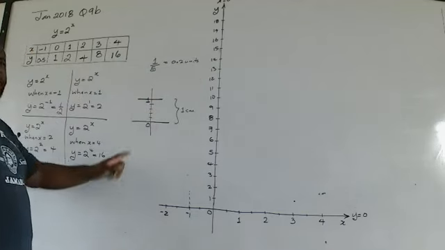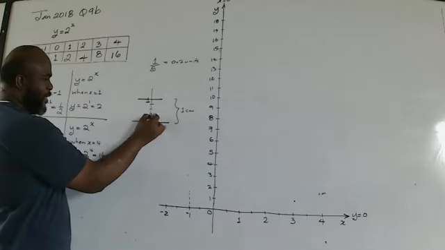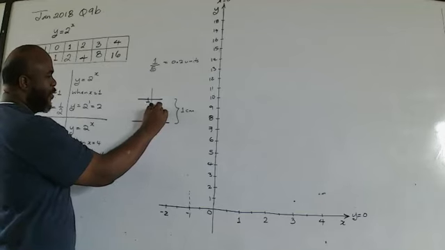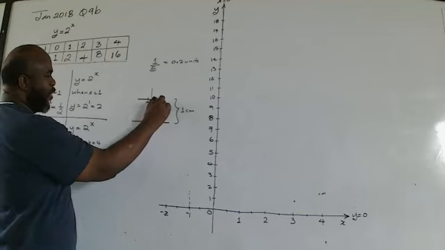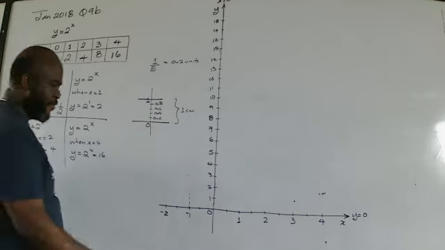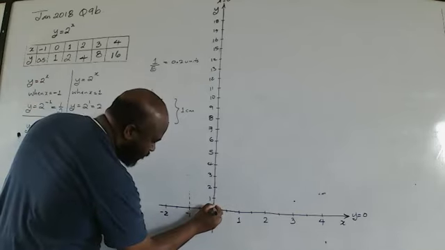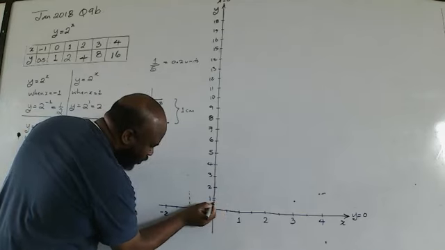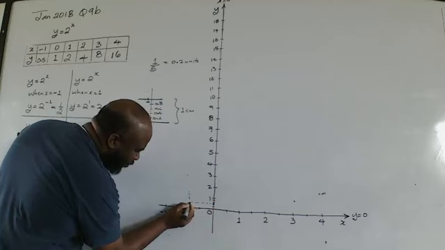It means that if this is 0, this is 0.2, 0.4, 0.6, 0.8. Where would 0.5, which is a half, be? Between 0.4 and 0.6. So a half would be here.